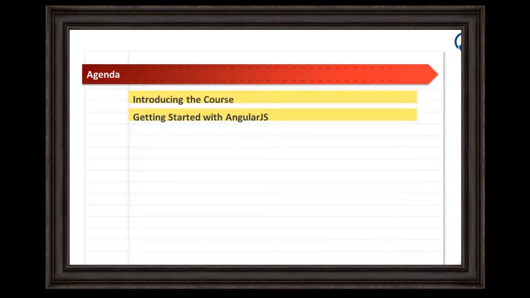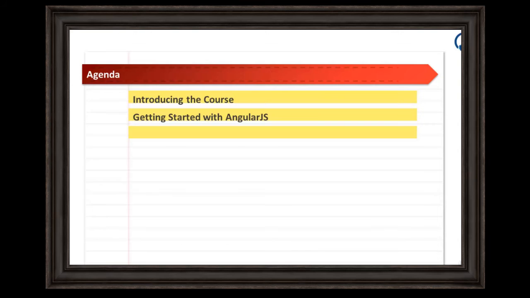After that, we will see how to get started with AngularJS, how to download the different types of files, the minified one, the debugging one, and the regular one. After including AngularJS in your HTML file, we'll see how to write a hello world example.